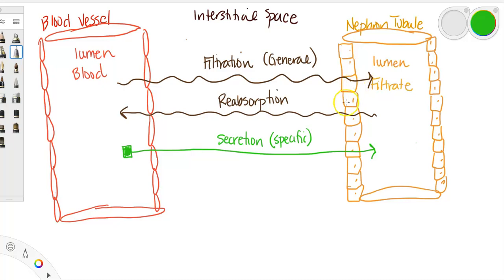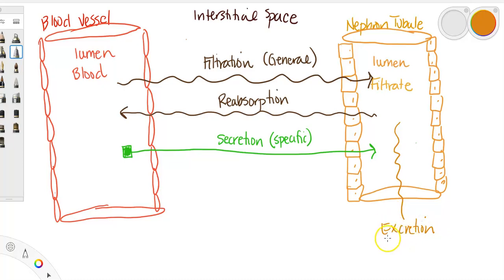Okay. The last thing that occurs, the final thing, because what's happening in the tubule? We're making urine. So once we get to the collecting duct and we've done all the filtrating, all the reabsorbing, all the secreting, whatever's left is excreted.